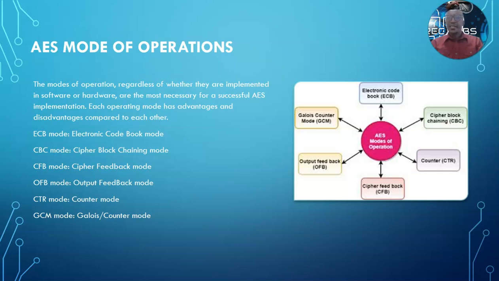So AES has various modes of operation. We have the electronic codebook mode, cipher block chaining mode, cipher feedback mode, counter, and Galois counter mode. So it's good to know which mode of operation we're using. By default, CBC is left as the default. If you're encrypting files, it's better to use CBC, which is cipher block chaining.